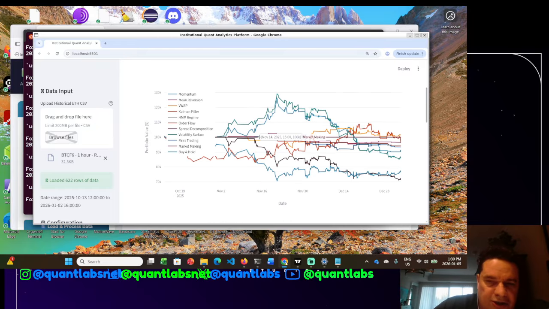So here's our strategy here. And you can see alone, if we had run a momentum strategy up until October during that decline, we probably could still have made money, or this volatility surface. Okay. We could still have made some money and probably minimized our risk on the downside of that slide back in October.